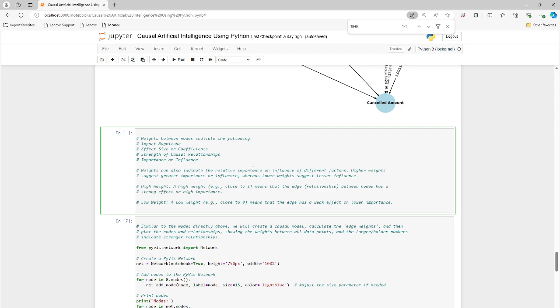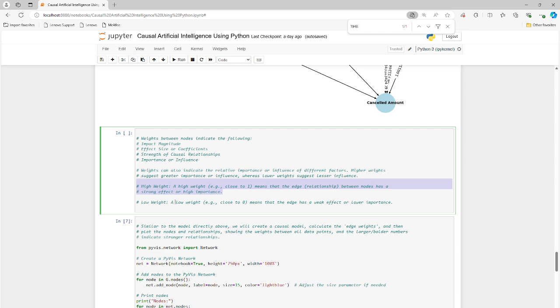That's all that is, right? And any weight that's close to 1 has a very strong relationship between the nodes. A higher weight closer to 1 shows a strong relationship that's very important.